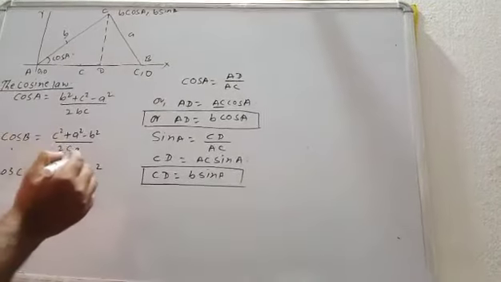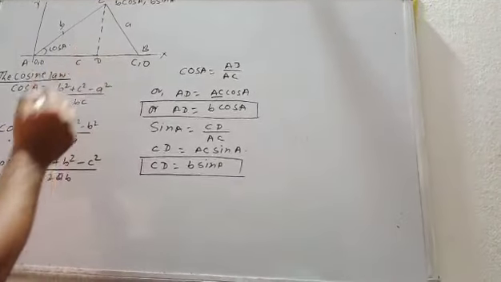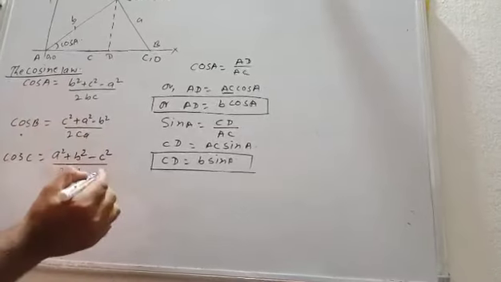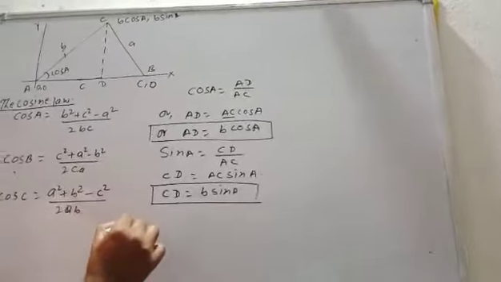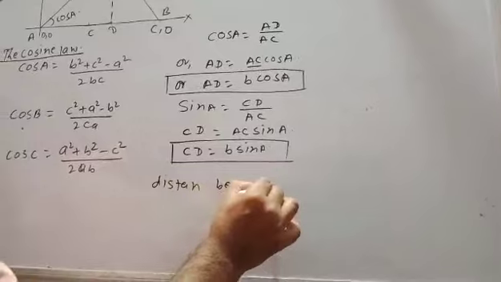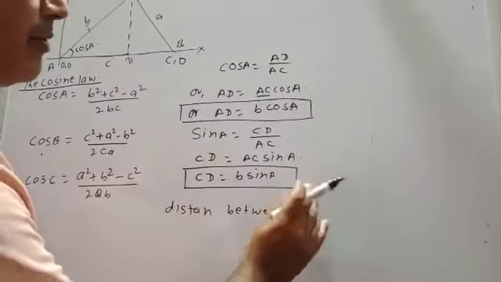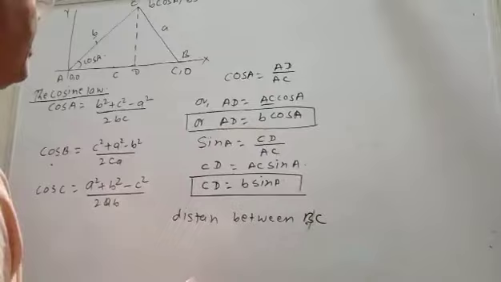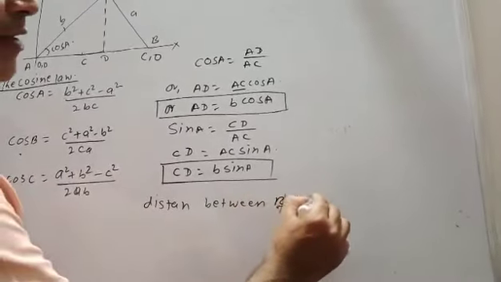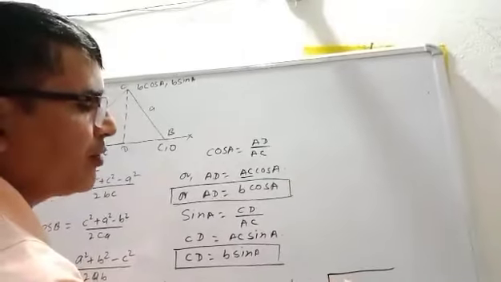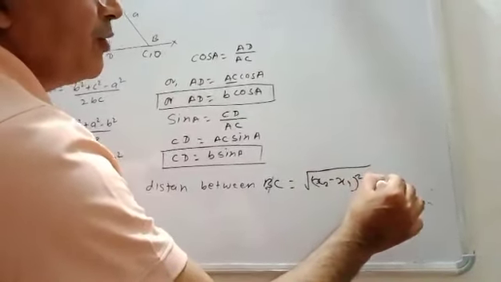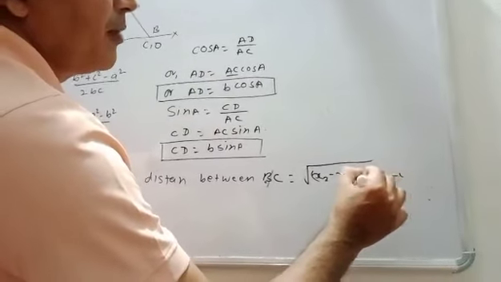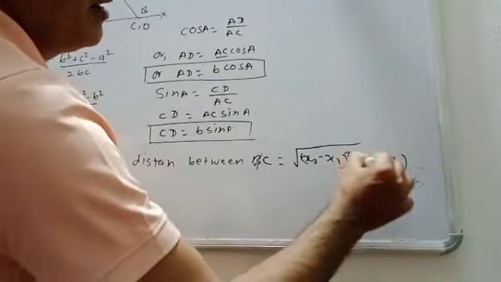Now to prove this formula, the cosine law, we have the distance between B and C, which is equal to root under (x2 minus x1) whole square plus (y2 minus y1) whole square.